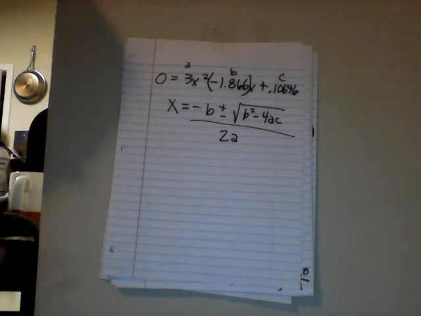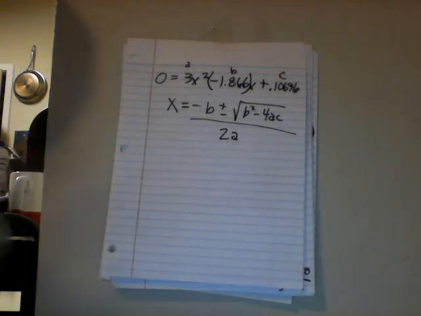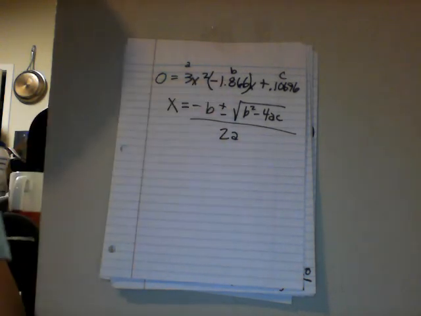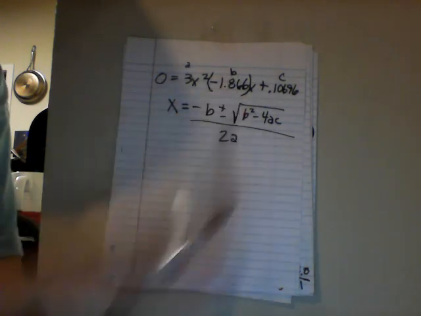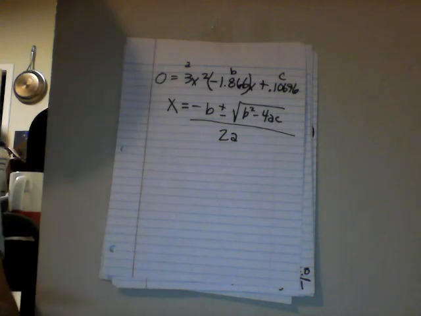You will get the right answer. I've done it multiple times, and you can even go online, use a quadratic calculator, and plug it in and see it's the right answer. But you have to make this negative, right? So make sure that you have that negative. When you plug it in here, it'll be a negative times a negative, which makes a positive, so you have to plug it in like that.